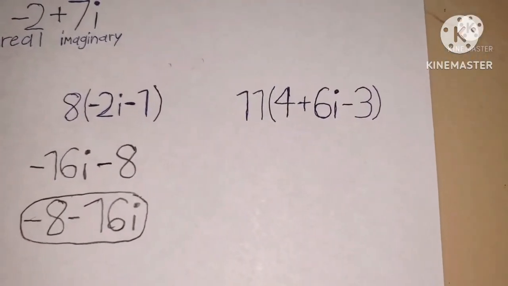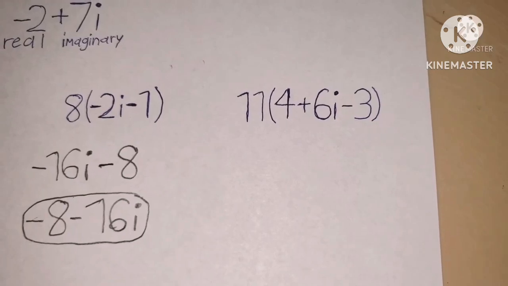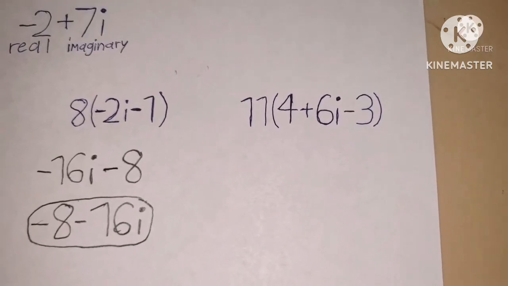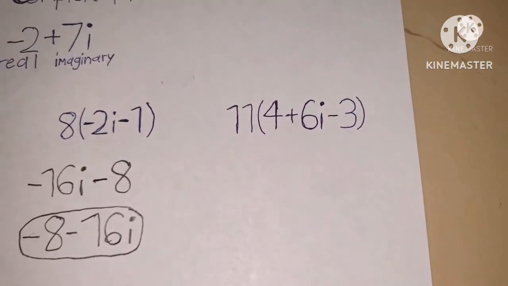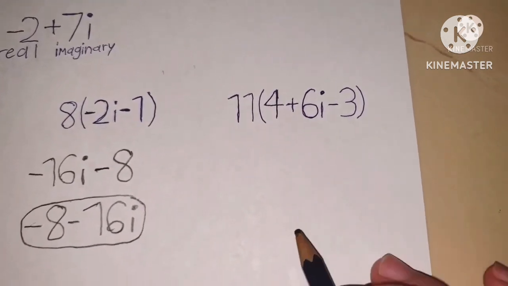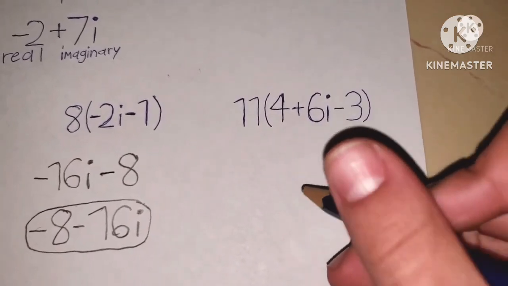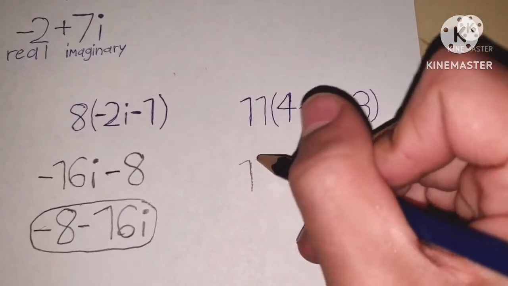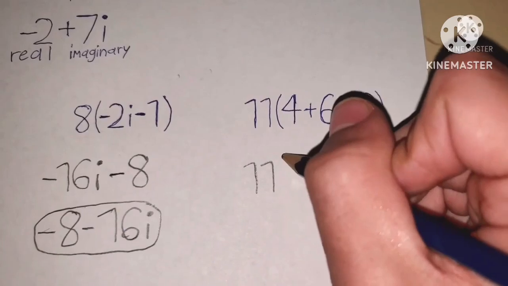Last but not least, 11 parentheses 4 plus 6i minus 3. How does it work here? First you have to subtract the 4 and the 3. So 4 minus 3 is going to be 1. I'll show you here, so the 6i stays the same because you're going to multiply it afterwards.